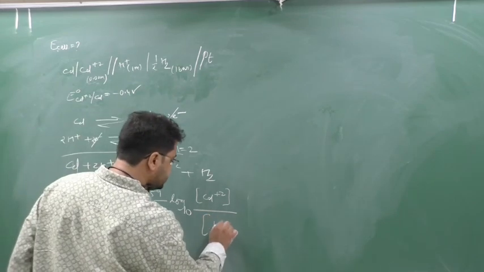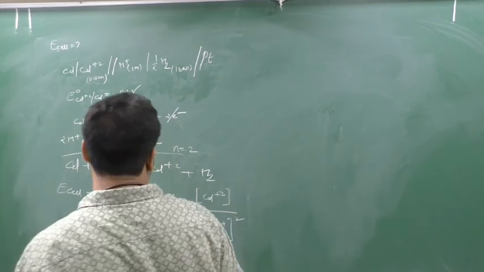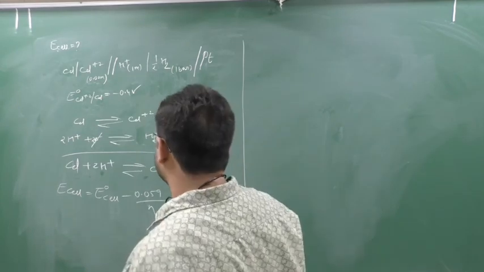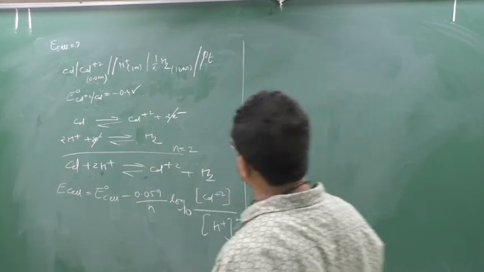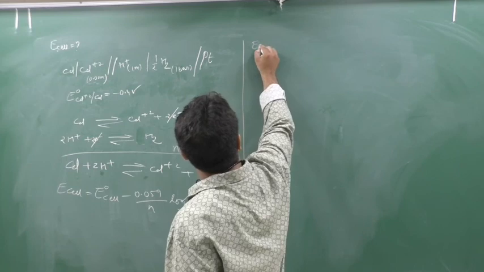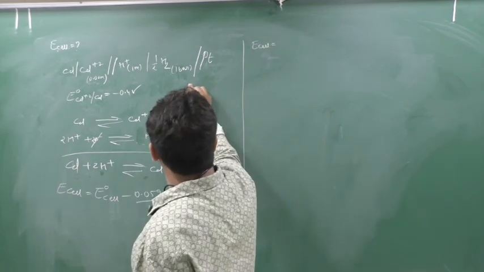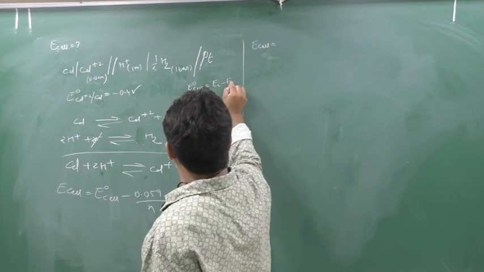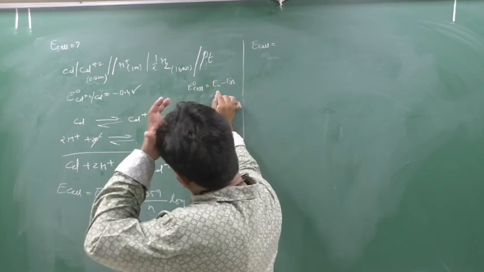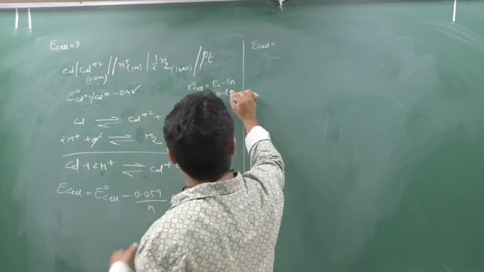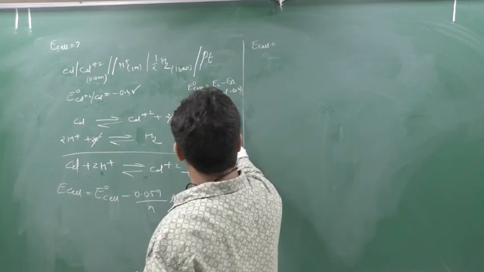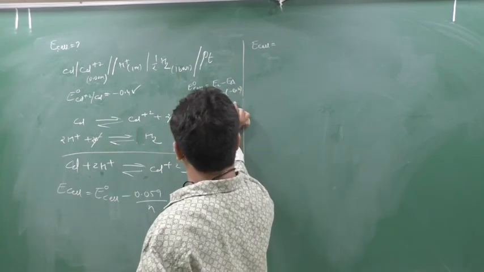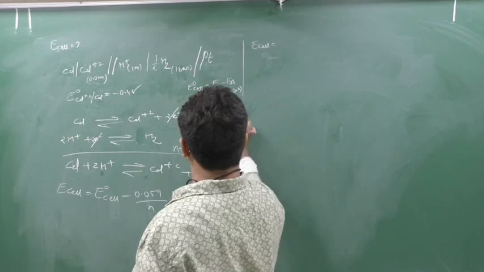So here H plus will go in the power form. So we have to calculate E cell. E naught cell is E cathode minus E anode. Beta, the cathode is hydrogen, so 0 minus anode is cadmium minus 0.4. Minus minus plus, so 0 plus 0.4, the net answer will be 0.4 volt.